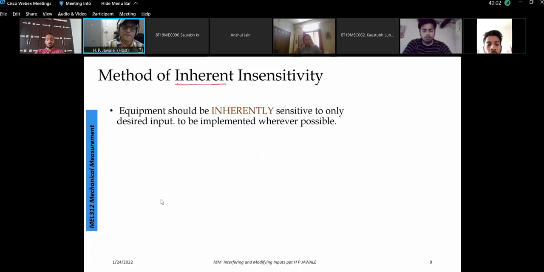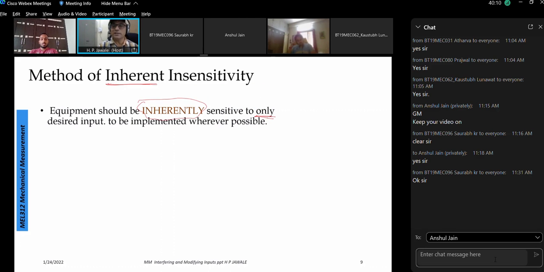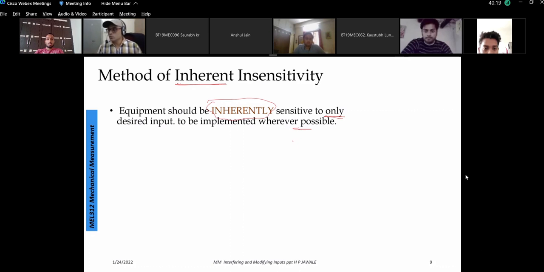So for example, equipment can be made inherently sensitive to only and only the desired input. So wherever possible, we try to implement this scheme that it is only and only sensitive to the temperature, which is the useful entity under measurement. So this can be achieved.